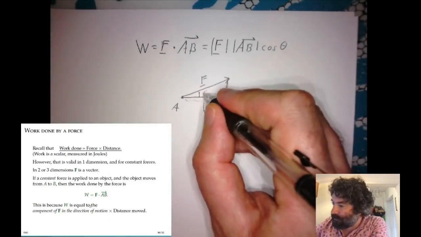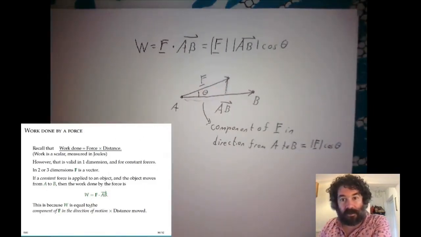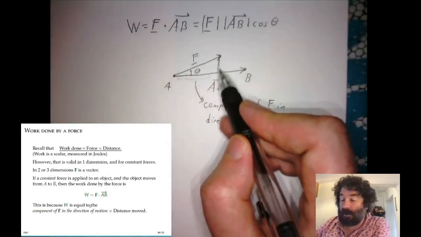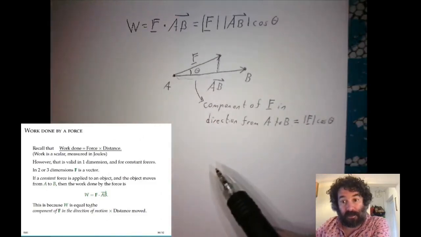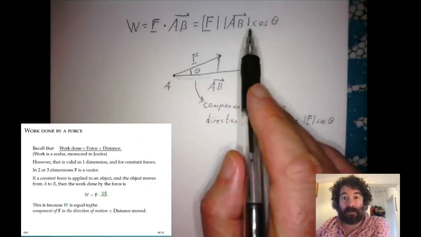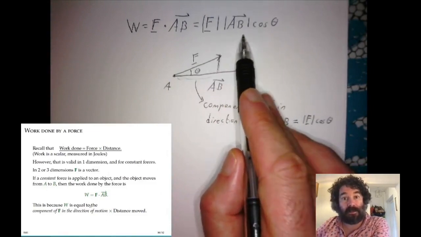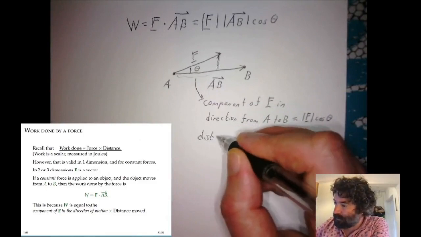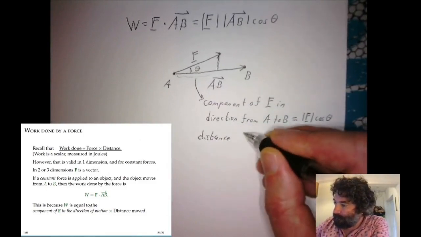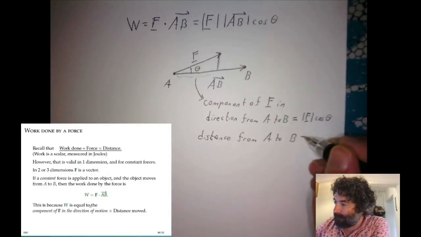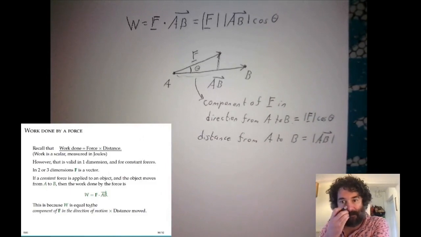I forgot to put theta in this diagram. Theta is the angle between the two vectors. Right. So you take the orthogonal projection of F onto the direction from A to B. That's the component of F in the direction from A to B times the distance from A to B. And the distance from A to B is the modulus of the vector from A to B, or magnitude of the vector from A to B.